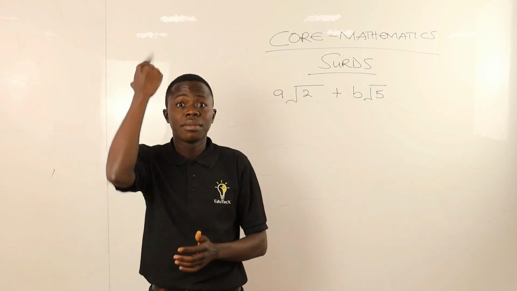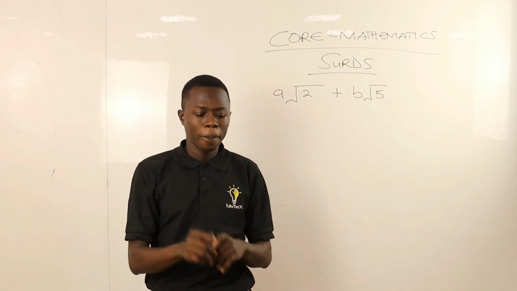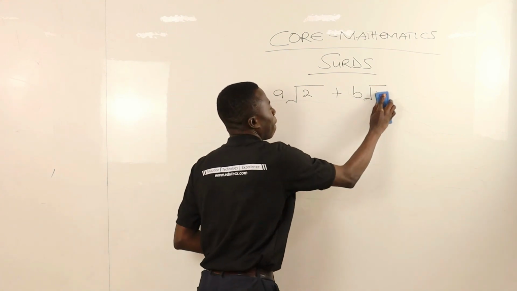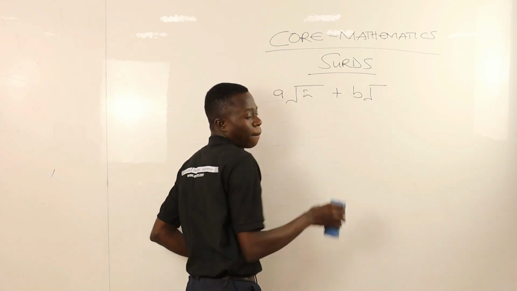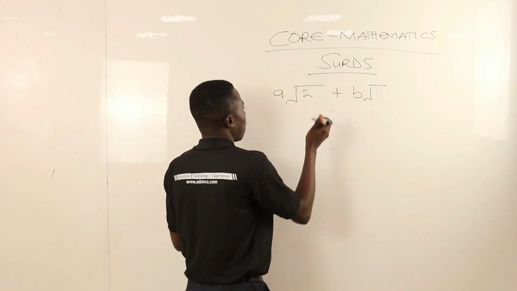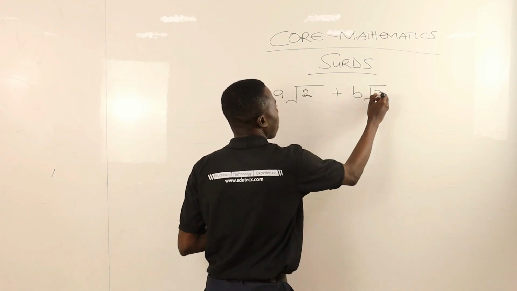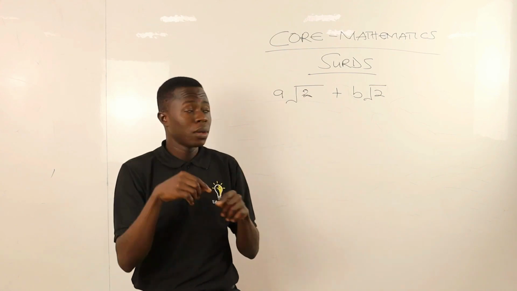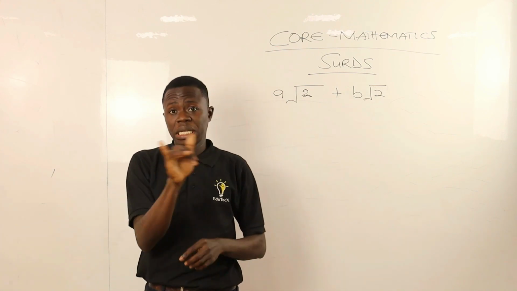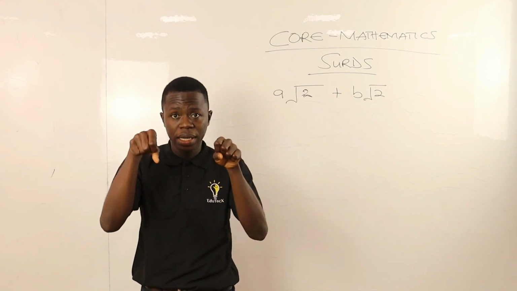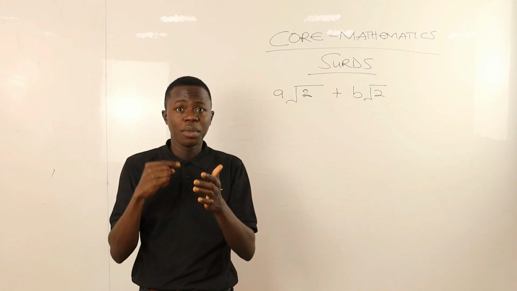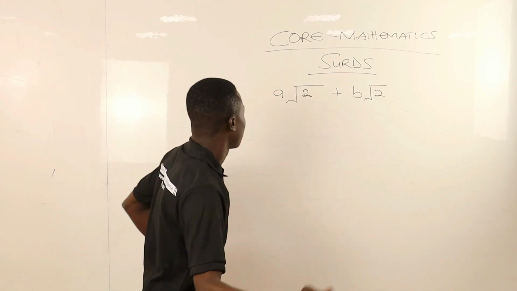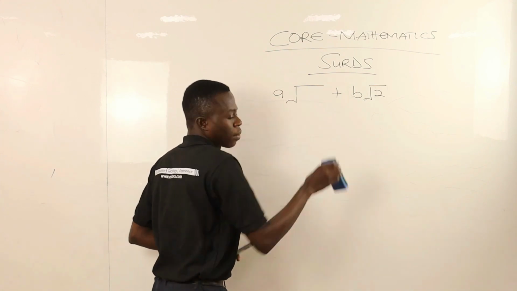You can only add or subtract them if the numbers under the square root sign are the same. So for the purposes of what we are going to discuss now, we will let the numbers be the same. Because the numbers under the square root sign are the same, just like we said, we can add or subtract.